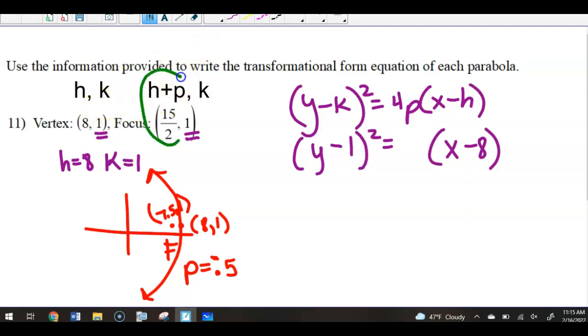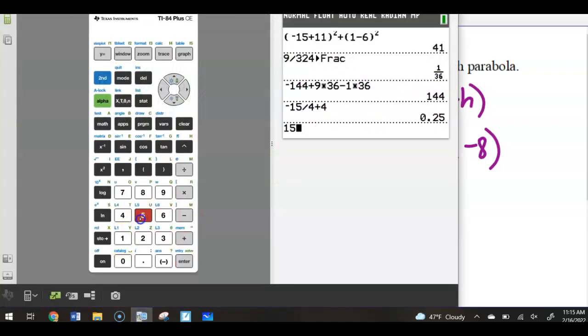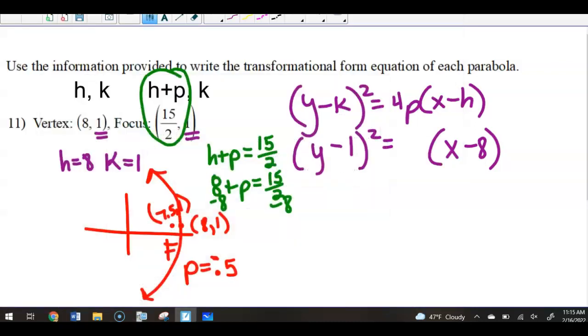I know that h plus p is supposed to be 15/2, and I already know h is 8. And if I do 15/2 minus 8, I get negative 0.5, or p is -1/2.